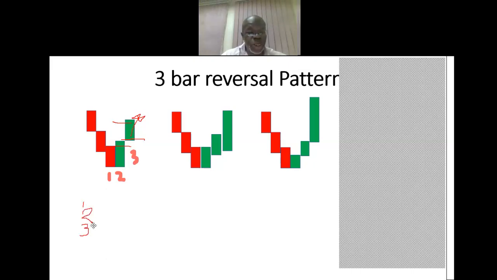Because it has closed above the measuring candle. So we always try to measure where it has closed. The measuring candle, 2 is the apex, and 3 is the trigger.